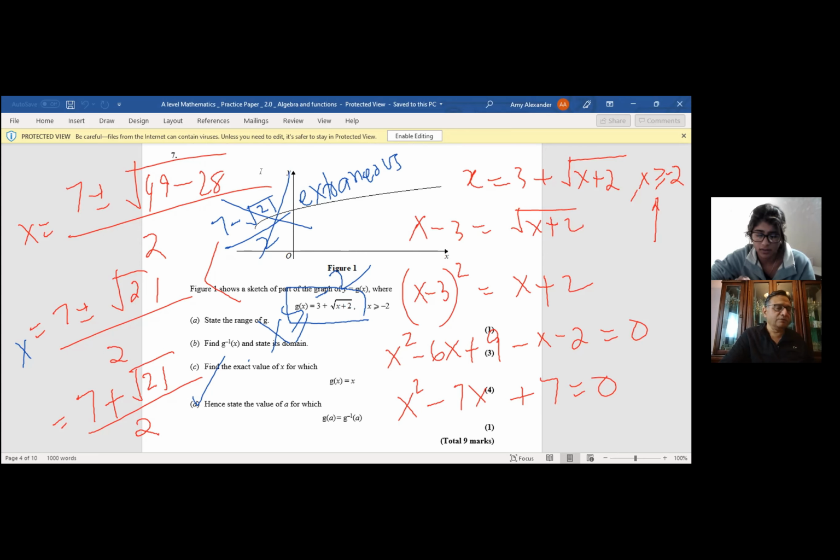Square root 21 equals decimal value 4.58, right? Plus 7 divided by 2 equals 5.79, one answer. Okay, approximately. Right? And the other one, if I do 7 minus square root 21, 1.208 divided by 2 equals 1.2087.